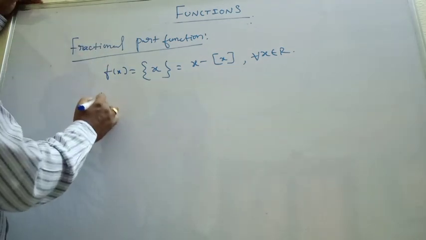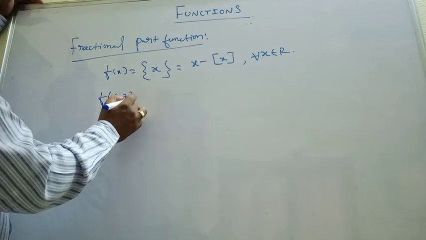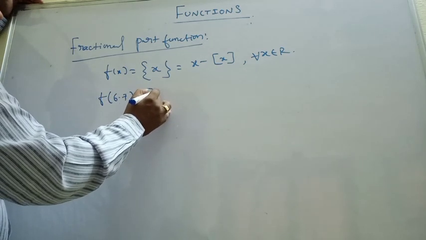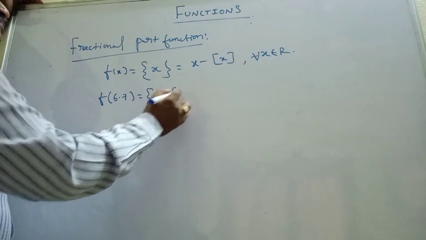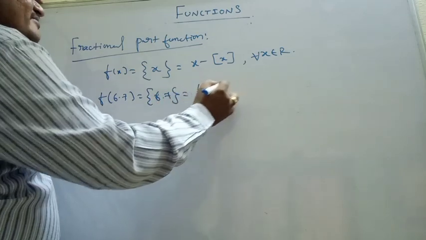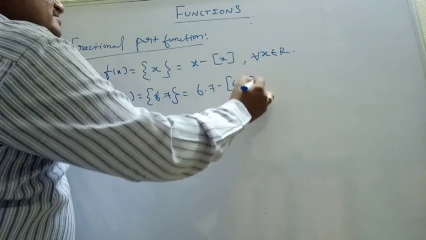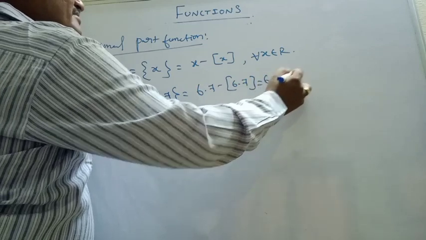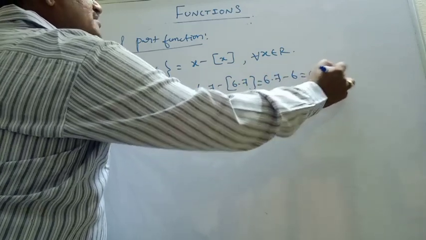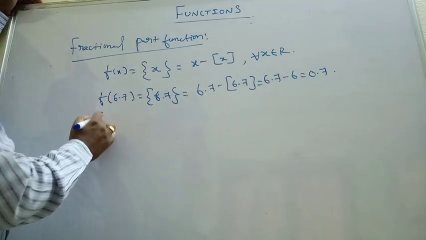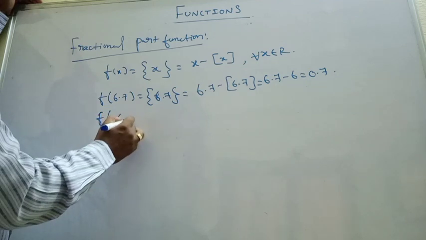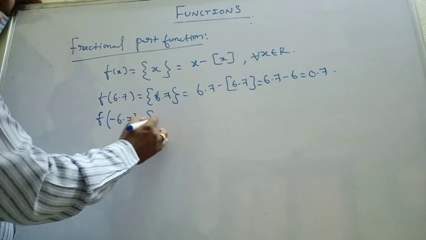For example, if you want f of 6.7, the fractional part of 6.7 is nothing but 6.7 minus floor of 6.7, which is 6.7 minus 6, that is 0.7. Next, suppose we want the fractional part of minus 6.7.